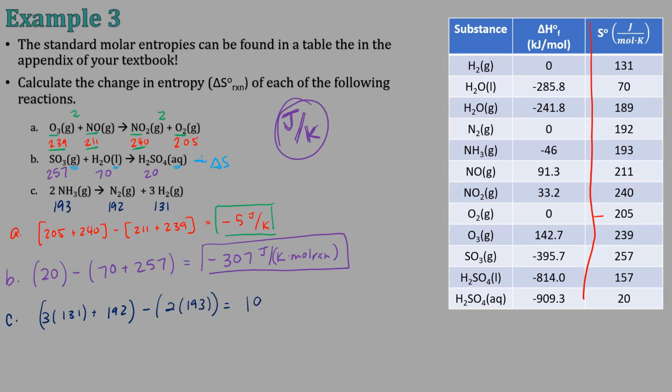And I end up getting 199 joules per Kelvin per mole of reaction. If I look at my reaction, I've got 2 moles of gas here and 4 moles of gas here. So I should have increasing entropy, positive entropy, and it is.